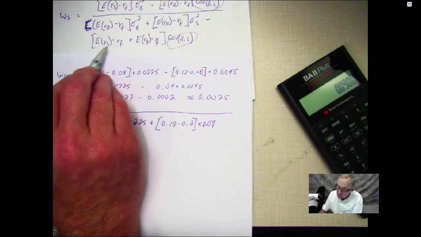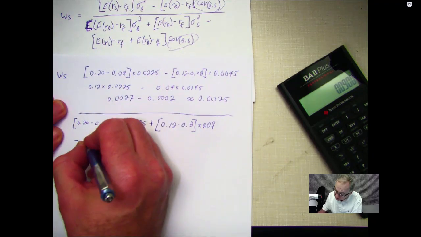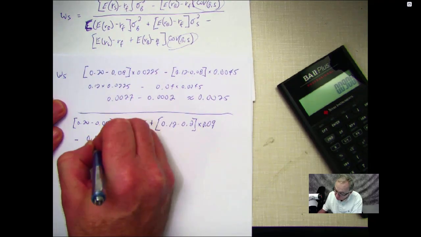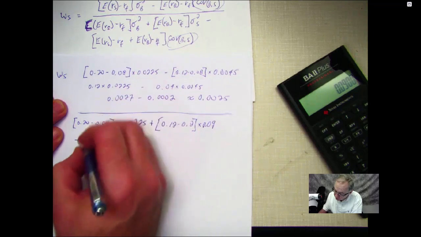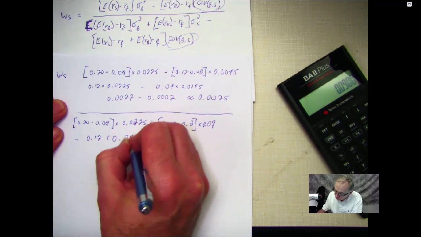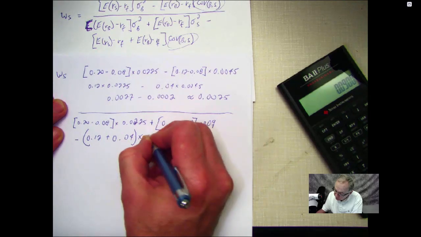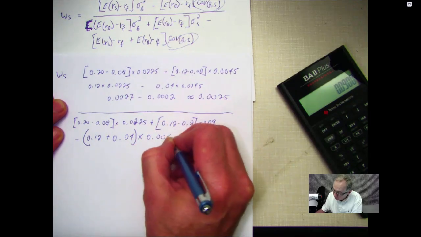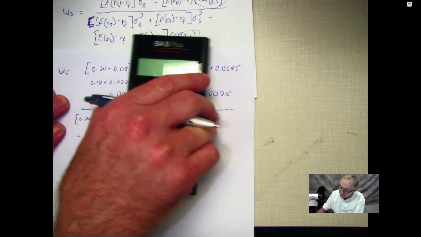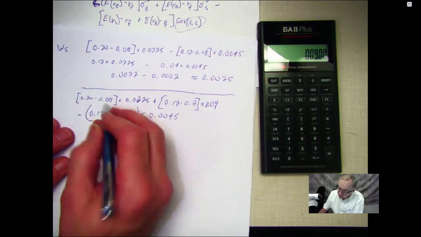Well, this was easy to do. Excess return for stocks is 0.12. Excess return for bonds, 0.04, so we can resolve that, times 0.0045.